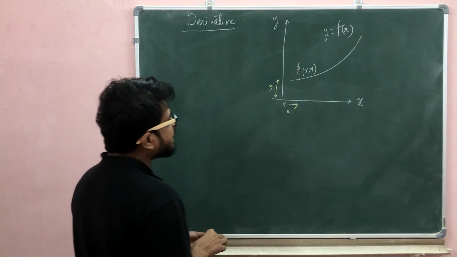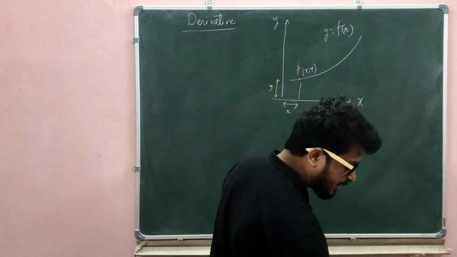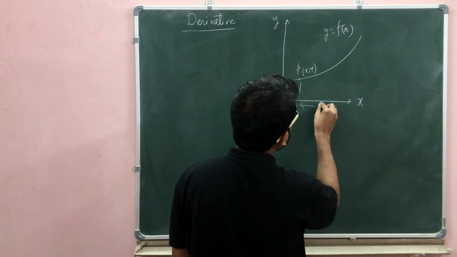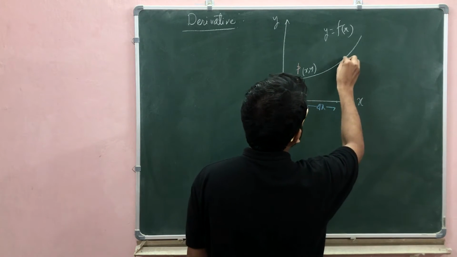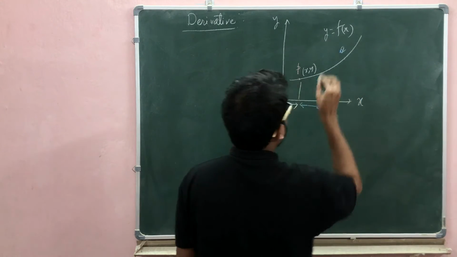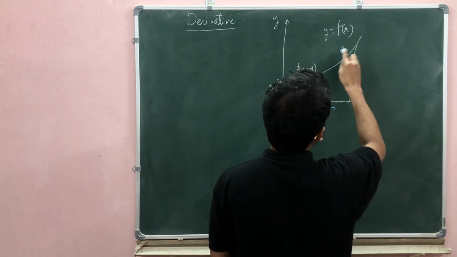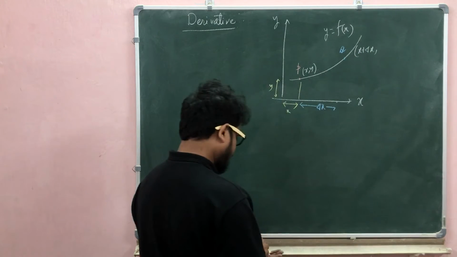Now take an increment delta x and reach point Q that lies on that curve. So the coordinate of Q is (x plus delta x, y plus delta y).